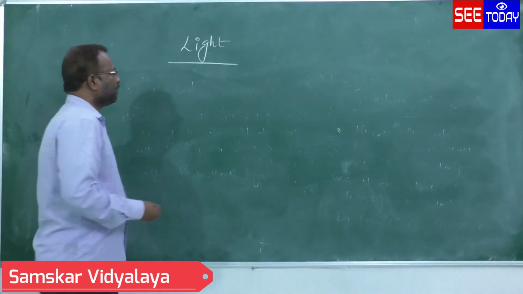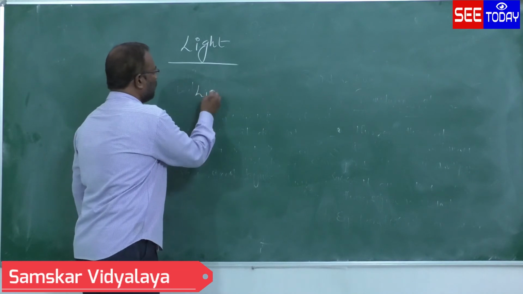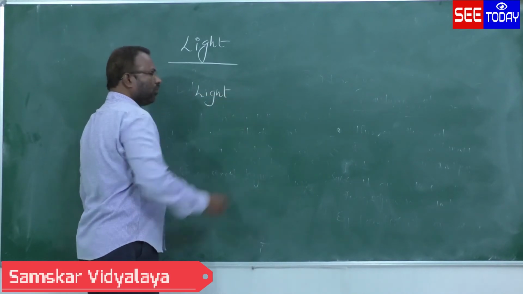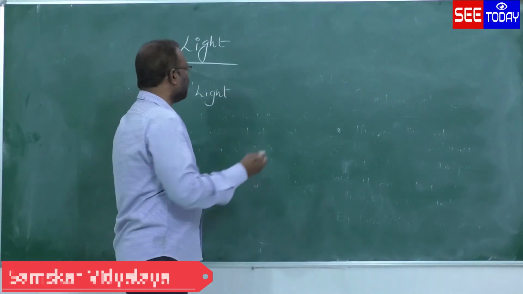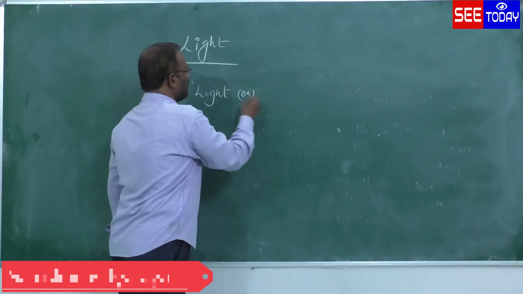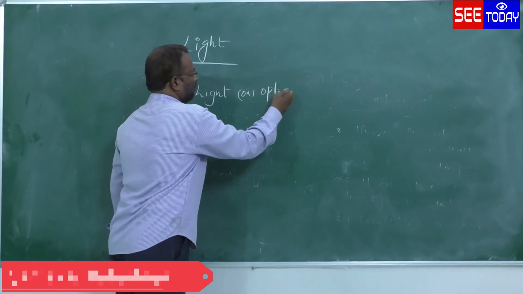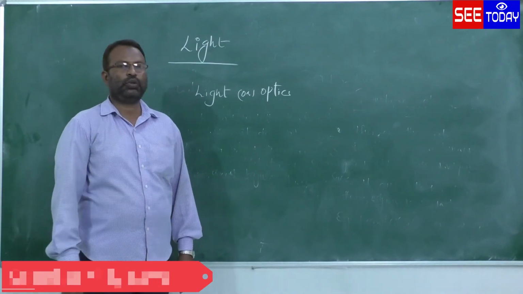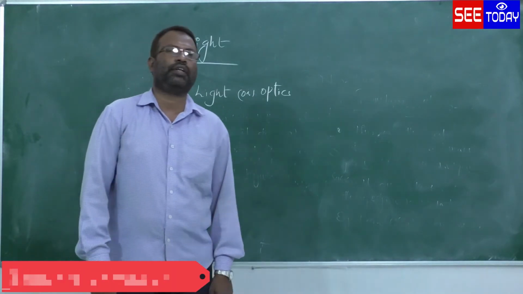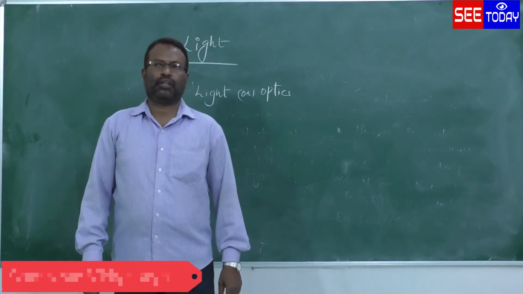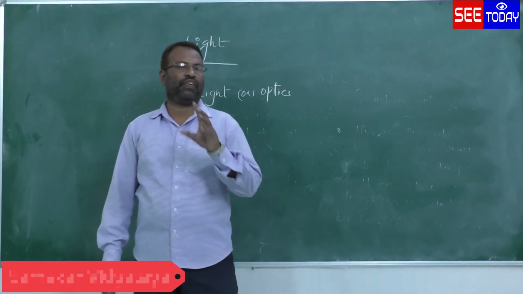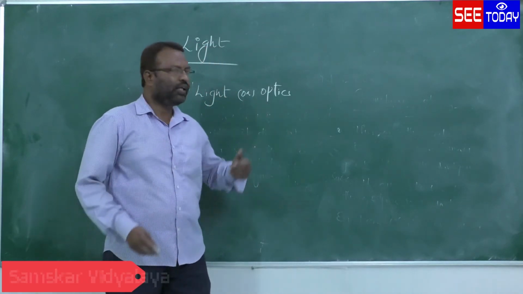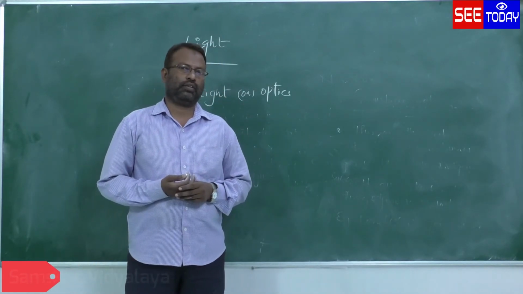Then light can also be called optics, because in the higher classes you have the chapter on light, but there you are going to refer to it by a name called optics.